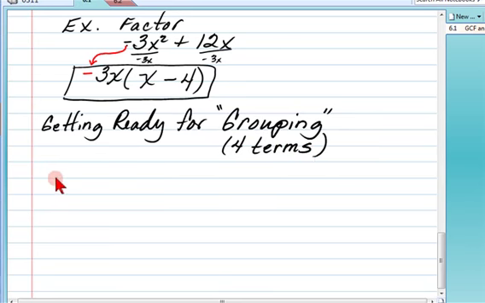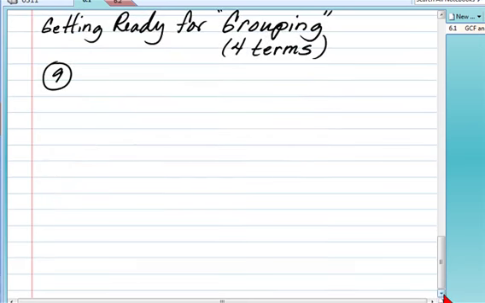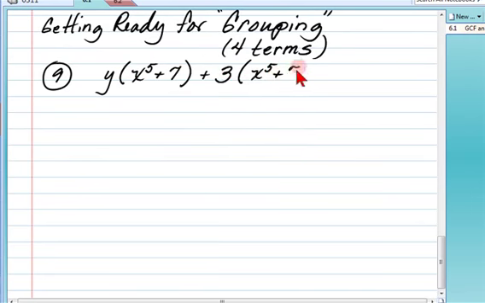All right, problem number 9. And in MyMathLab, this is where it will change, just like this has. Suppose I ask you to factor y(x to the 5th plus 7) plus 3(x to the 5th plus 7). Now this is just a getting ready question.